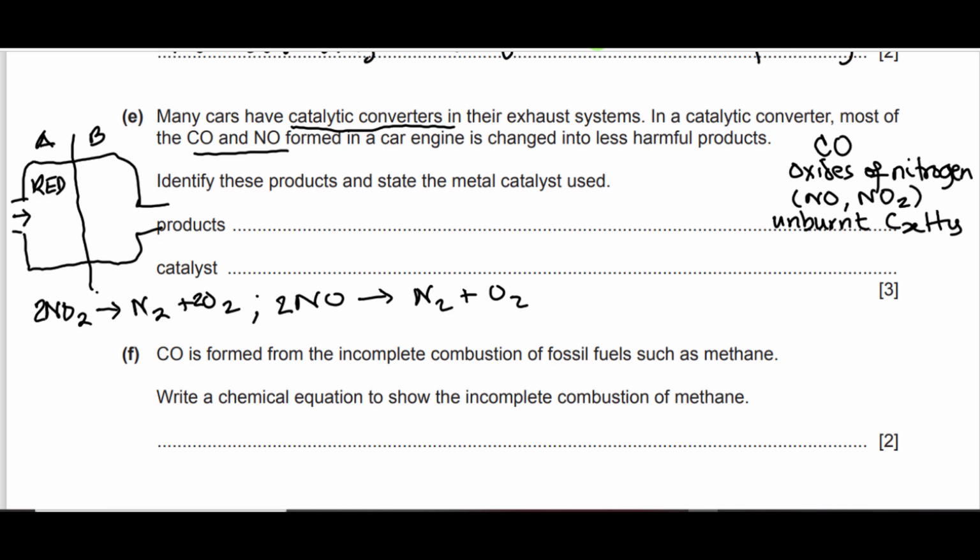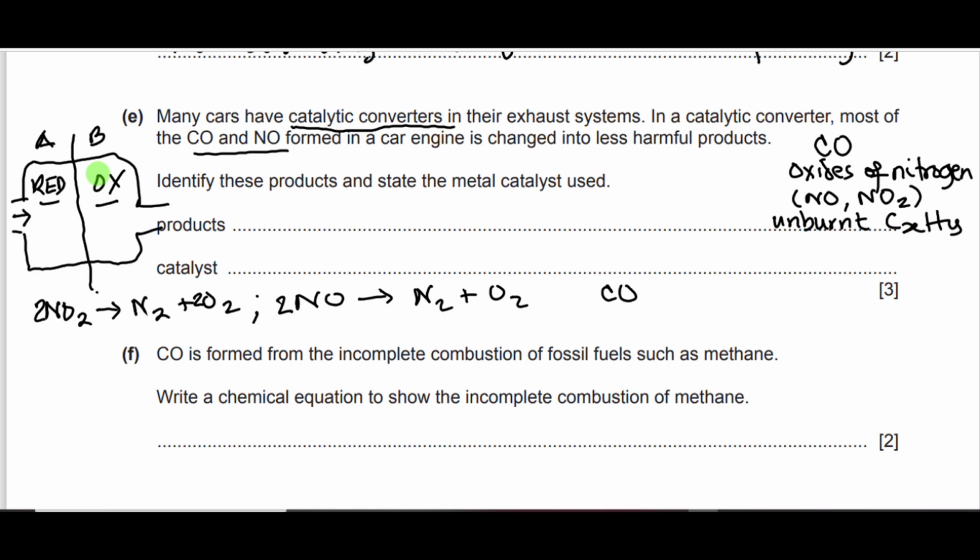The CO, the carbon(II) oxide, and the unburnt hydrocarbons will not be affected in chamber A, because only reduction occurs in chamber A, and since these cannot be reduced there, they move along with the nitrogen and oxygen to chamber B. And then in chamber B, oxidation takes place. In chamber B, oxidation of what?